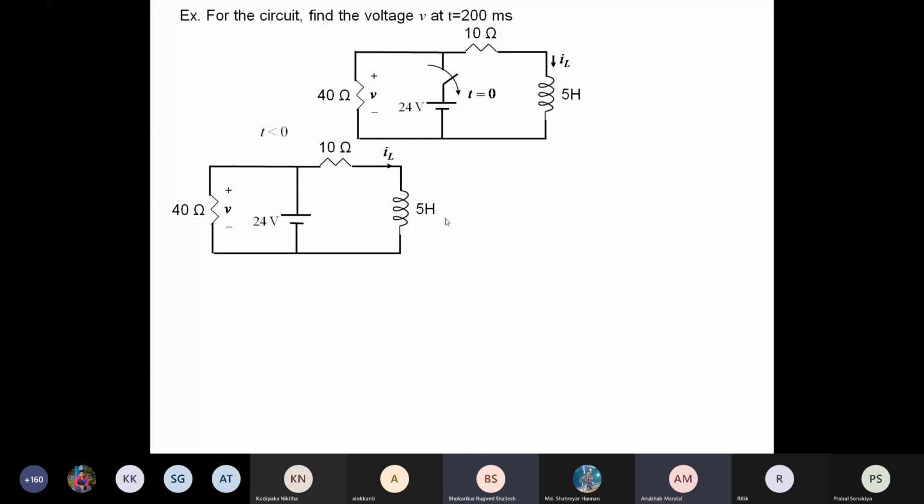Hello? I am unable to see the slides. Is anyone able? Slides are visible but stuck. Audio is not coming. Slide is not visible to me.